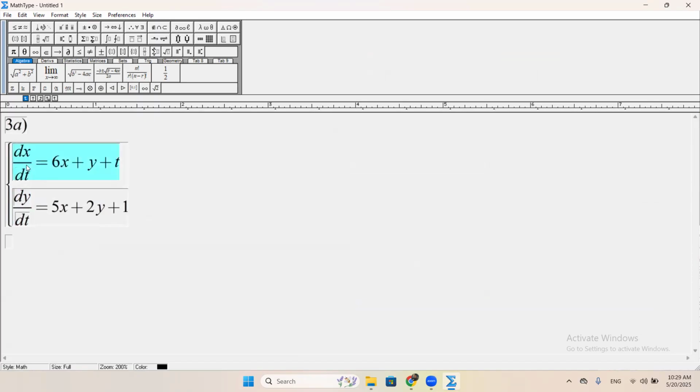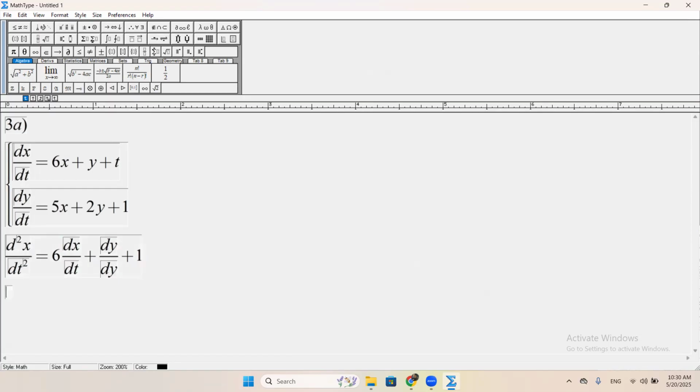So differentiating the first equation, we will receive d2x by dt twice equals 6 dx by dt plus dy by dt plus 1.